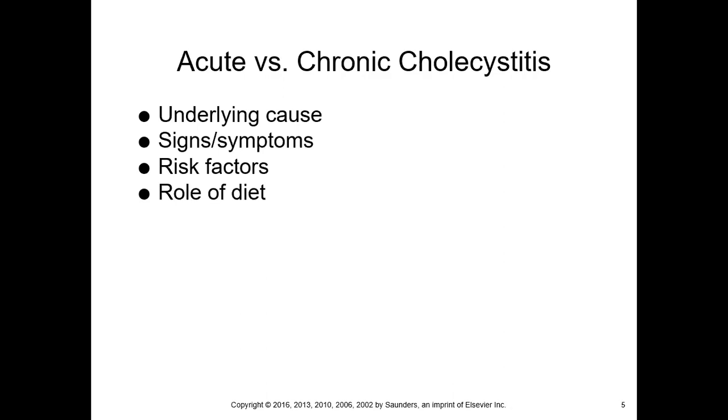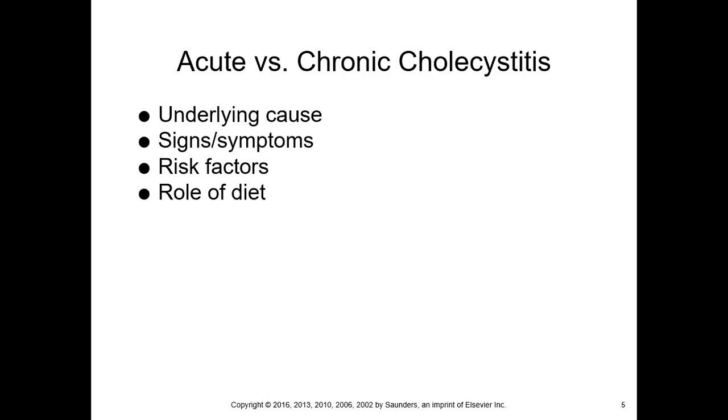Blumberg sign, B-L-U-M-B-E-R-G, is rebound tenderness, and that is only performed by an MD or an advanced practice provider. I've never seen a Blumberg sign. I've seen the Murphy sign.